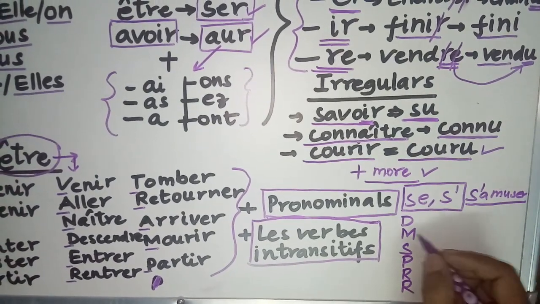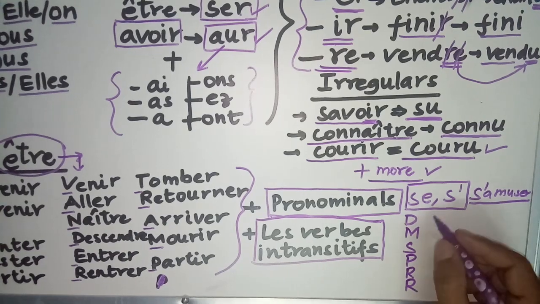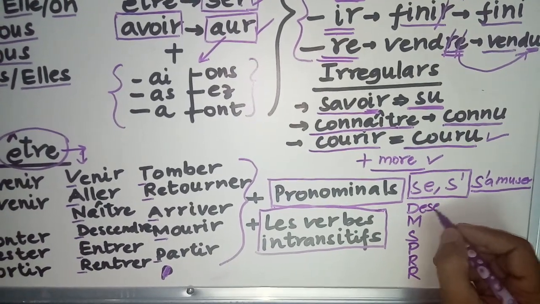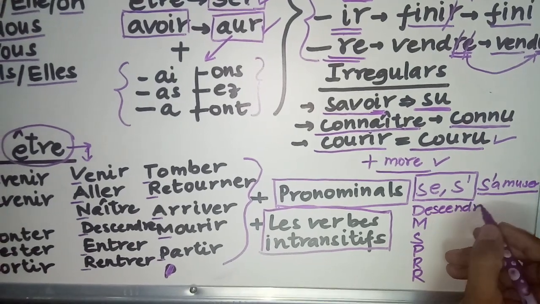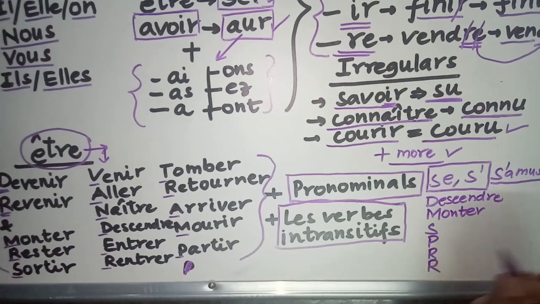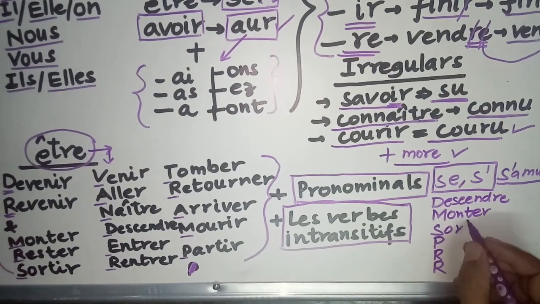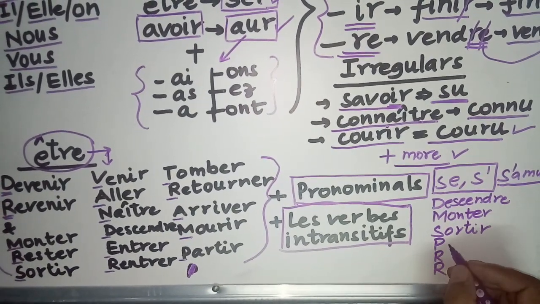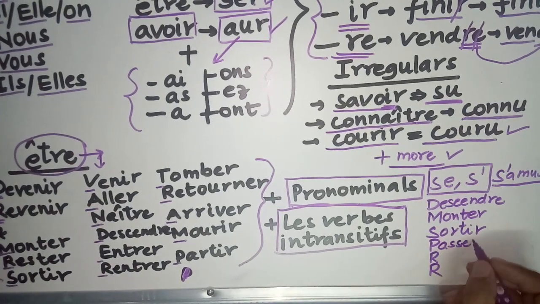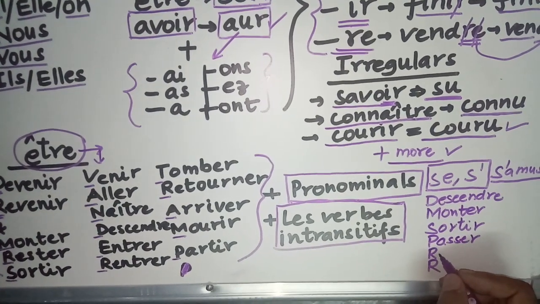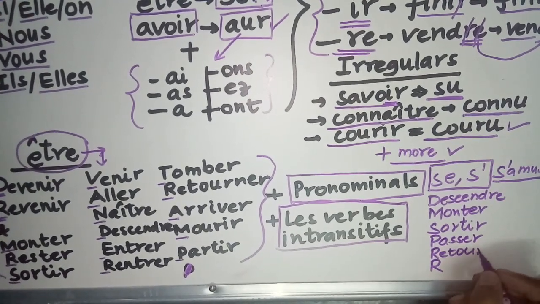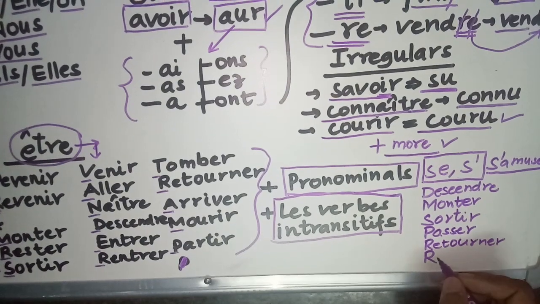I'm just telling the full form of it. D for descendre, M for monter, S for sortir, P for partir, P for passer, R for retourner, and R for rentrer.